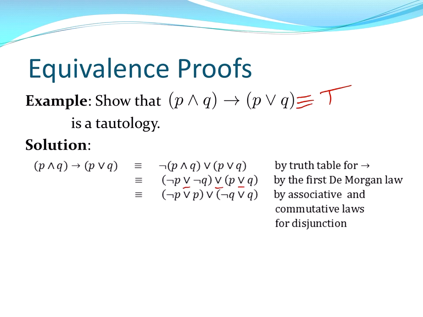And so I'm moving those around, and using the commutative law as well, to get the negation of P disjoined with P and the negation of Q disjoined with Q. Well, by the negation laws, those become true. And I'm going to mark this out and say that's the negation laws, because that's what we called them in the earlier slides.